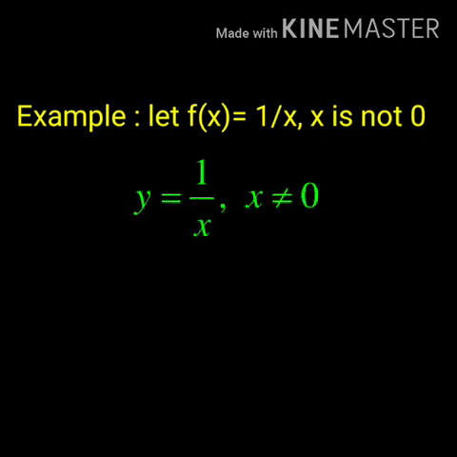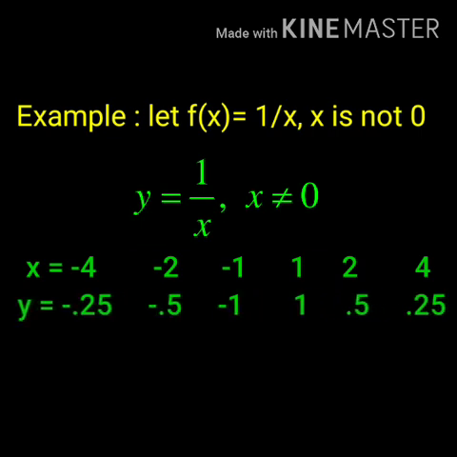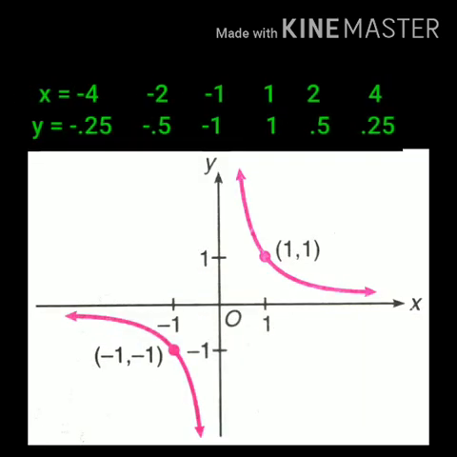As y is equal to 1 by x, for x equal to -4, -2, -1, 1, 2, 4, y equal to -0.25, -0.5, -1, 1, 0.5, 0.25. By plotting these points on the xy coordinate system, we get two curves, one curve in the first quadrant, the other curve in the third quadrant.